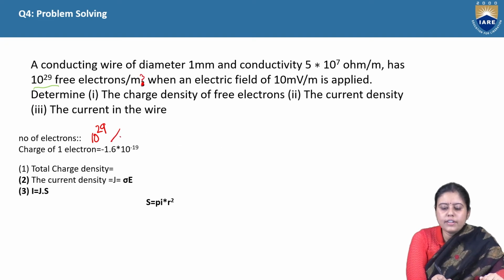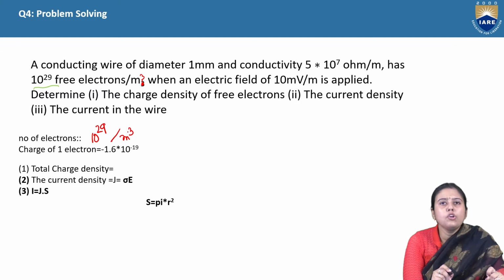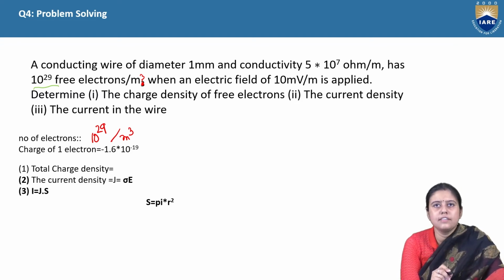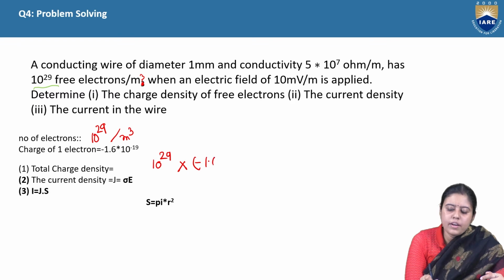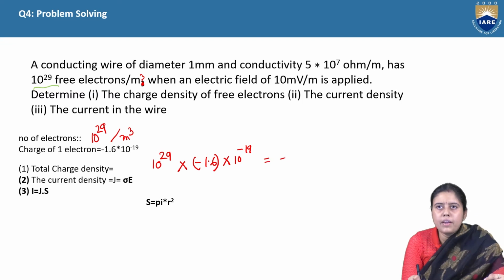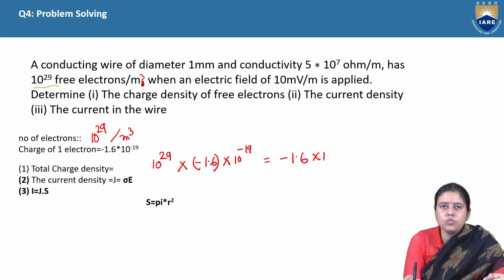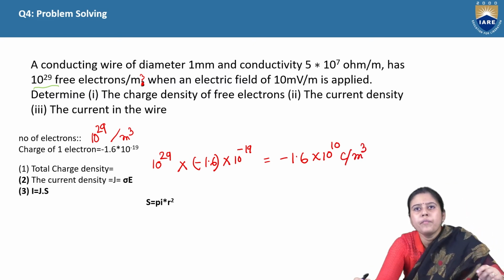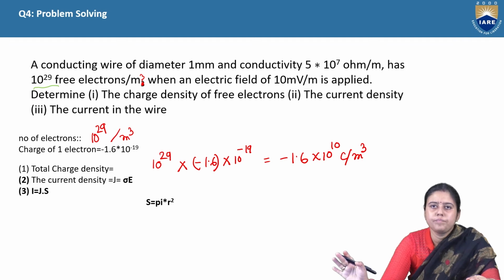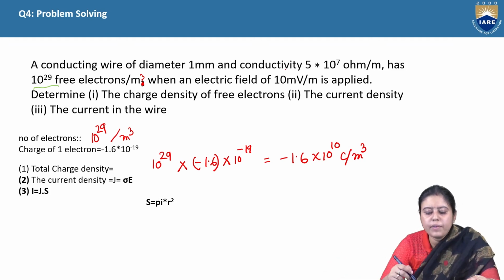The 10 to the power 29 per meter cube means per unit volume, and that is the charge density. So what is the total charge of 10 to the power 29 electrons? For 1 electron, so 10 to the power 29 into minus 1.6 into 10 to the power minus 19, and it is coming minus 1.6 into 10 to the power 10 coulomb per meter cube is the charge density of this area.